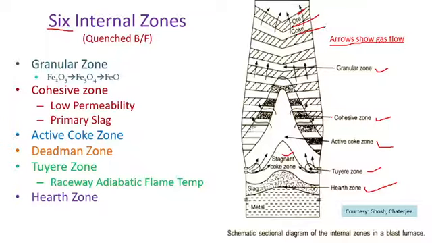In turn, permeability decreases. The permeability of the cohesive zone is lower than that of the granular zone. Due to the presence of alternating layers of ore and coke, solid coke slits allow the ascending gases to pass through this zone to the granular zone.